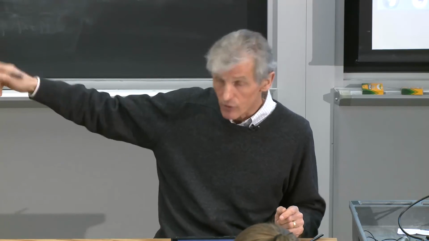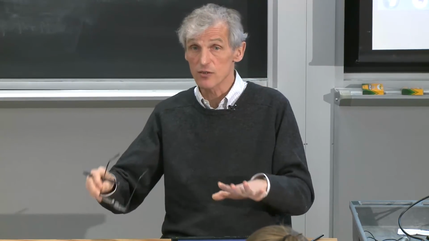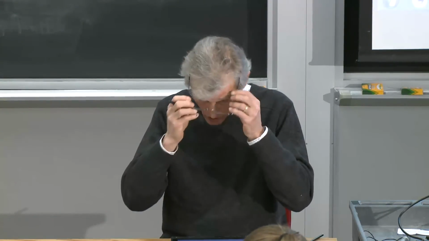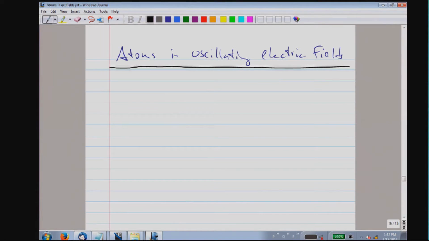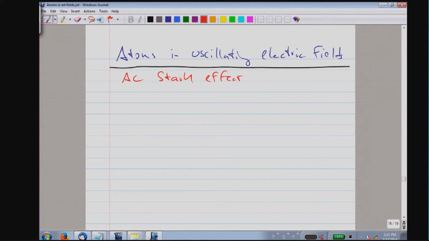So that's what we do later, but today we just do the semi-classical description of an atom in an oscillating electric field. And this is the theory of the AC Stark effect. So all we do is application of time-dependent perturbation theory.